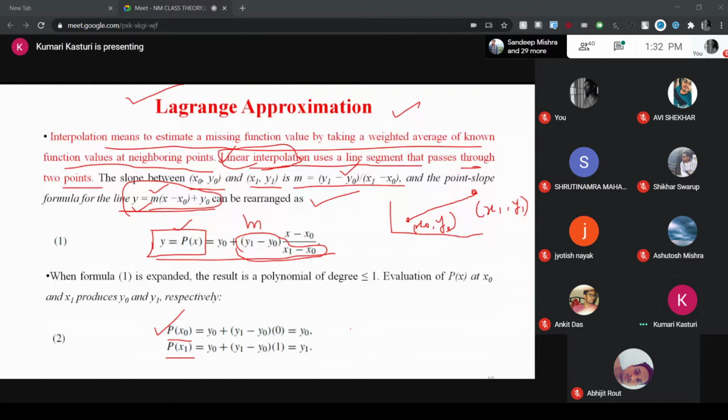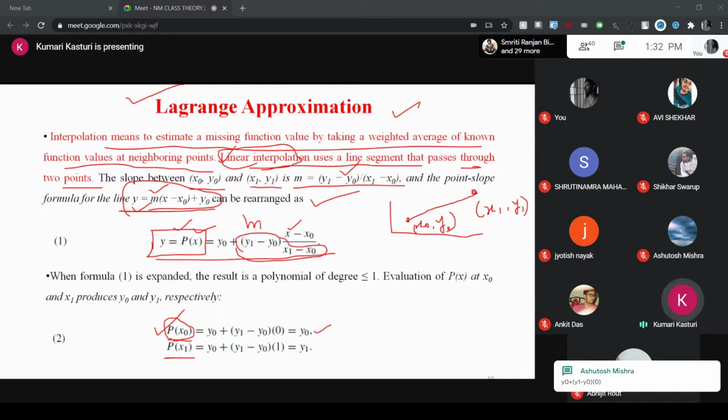P of x is known to you. How to get p of x0? Put that value on x. Which value? Exactly, at the place of x, x0. That's it. You will get the value y0.